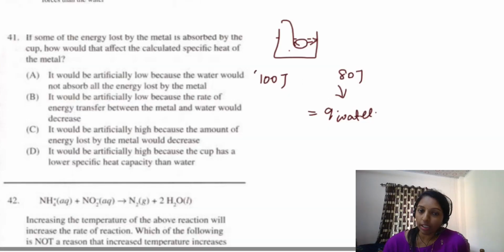We were expecting 100, but actually we got only 80 joules.